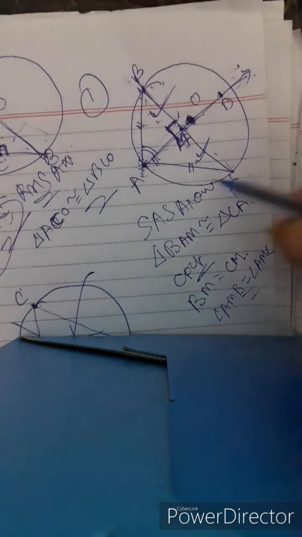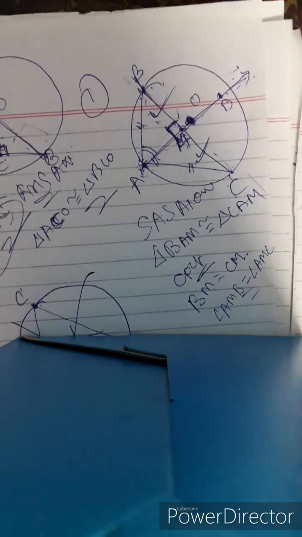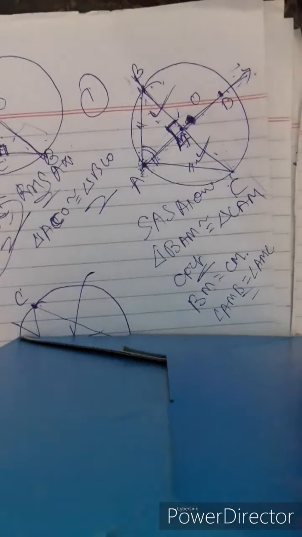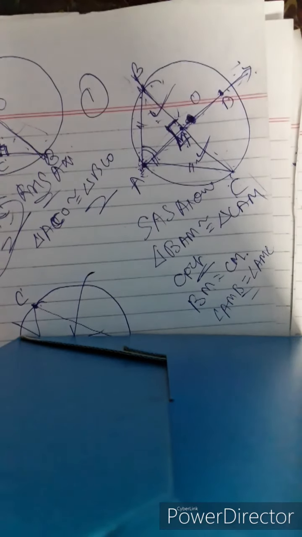As a result, hence it is proved that AD passes through the center of the circle, which is point O. I hope you got this problem. It is a very important result regarding chords of a circle.